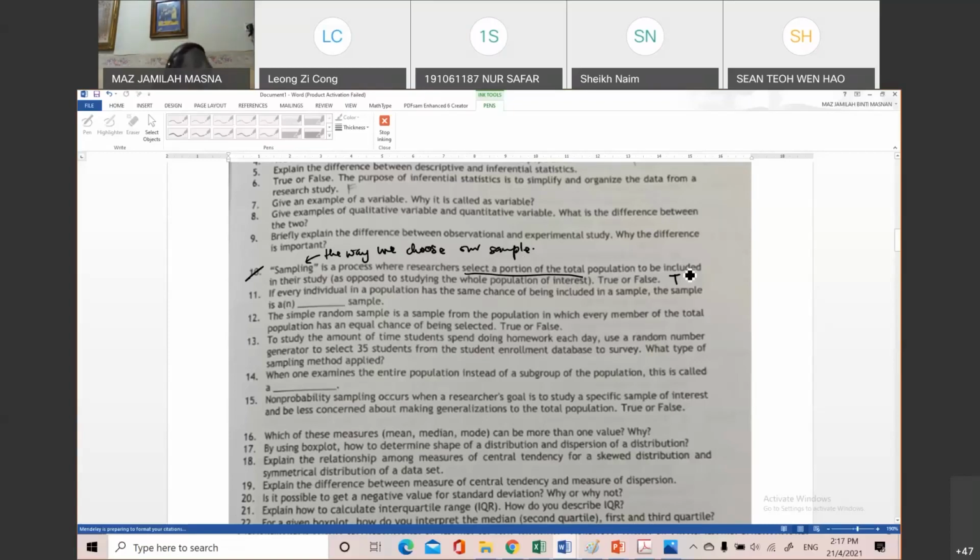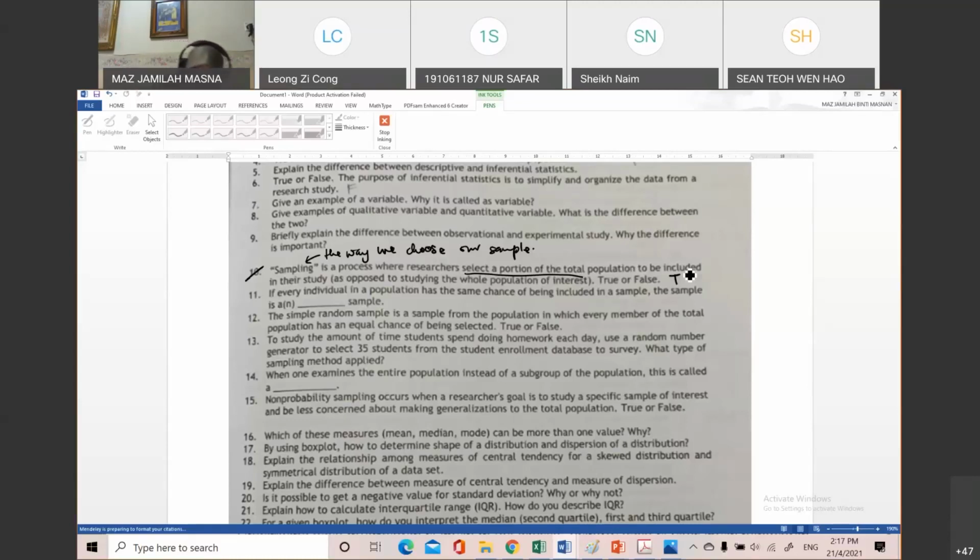Now number 11. If every individual in a population has the same chance of being included in a sample, what kind of sample is that? We choose whereby every single subject inside our population has the same probability, the same chance.